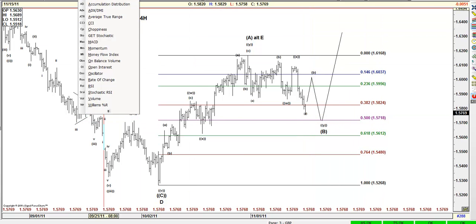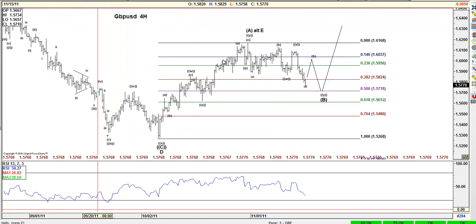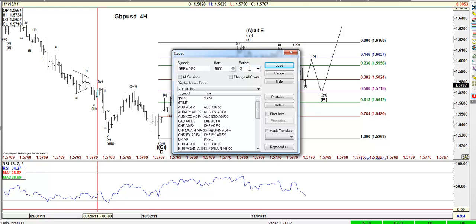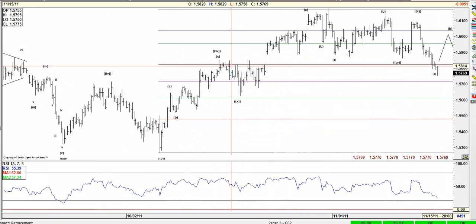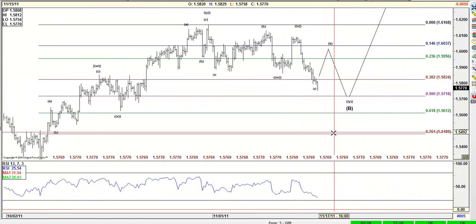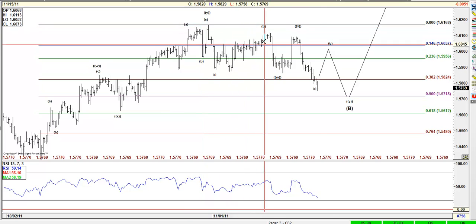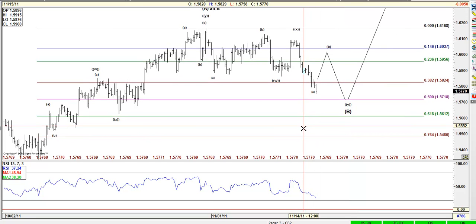Again, this is an 8-hour RSI. Let me go down a little bit to the 4-hour. You guys can see how it also makes the case of the 3-wave. This looks corrective in my opinion. So with that in mind, let's wait.